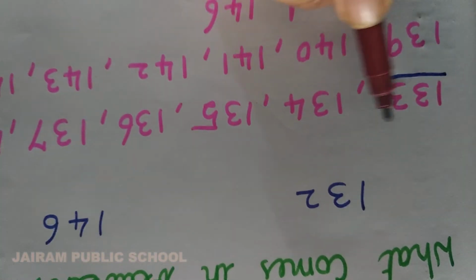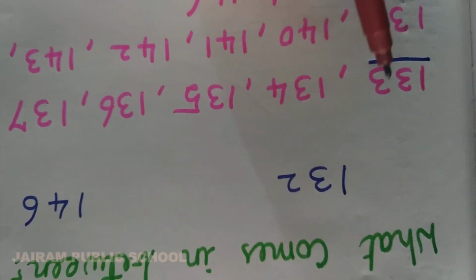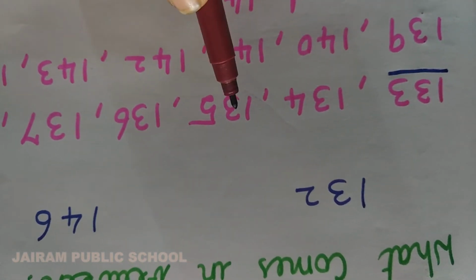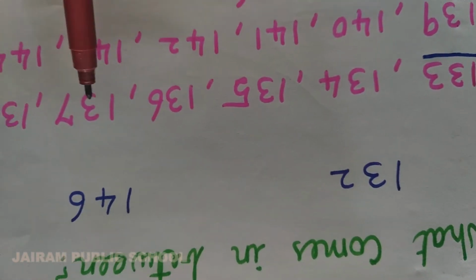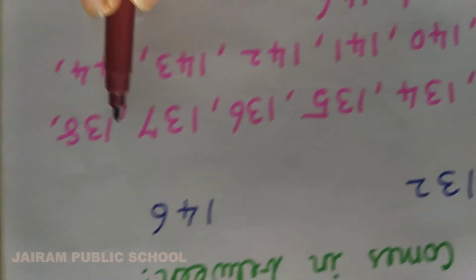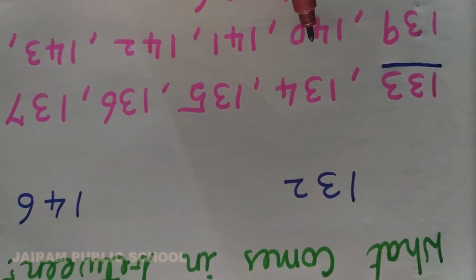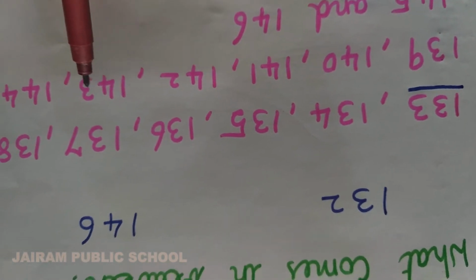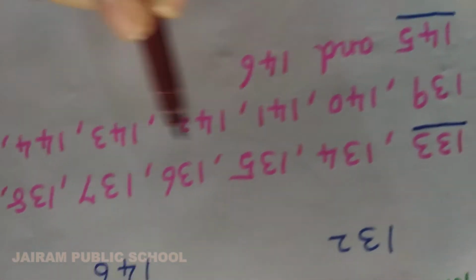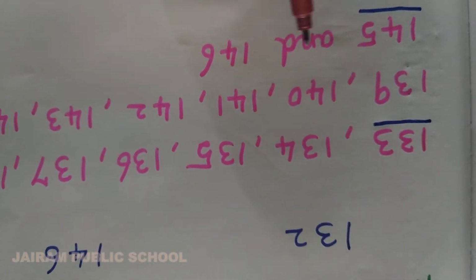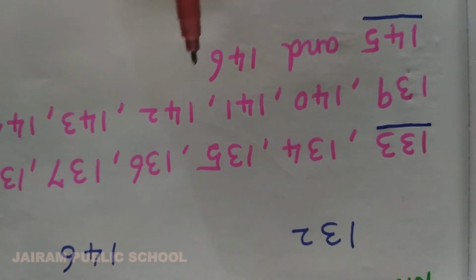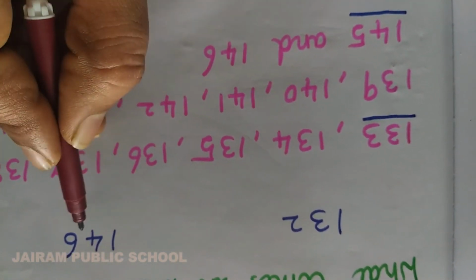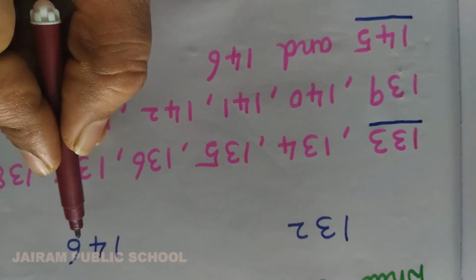See here, 133, 134, 135, 136, 137, 138, 139, 140, 141, 142, 143, 144, 145 and 146. Just now I said you should not include 146.